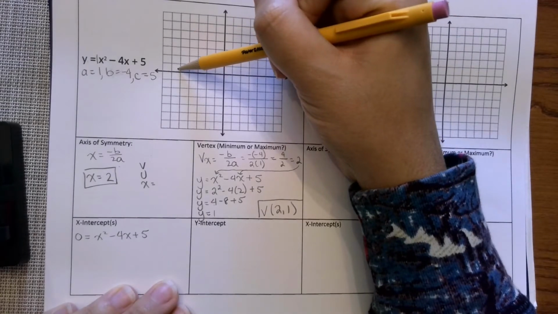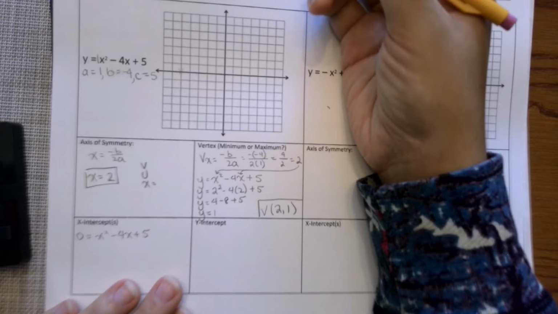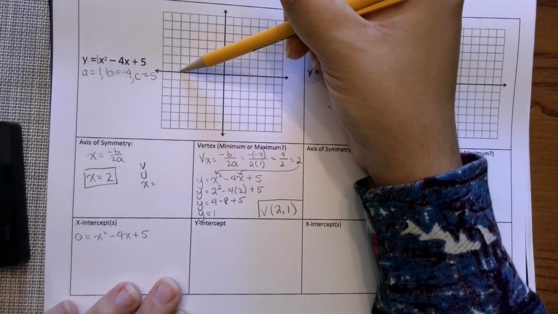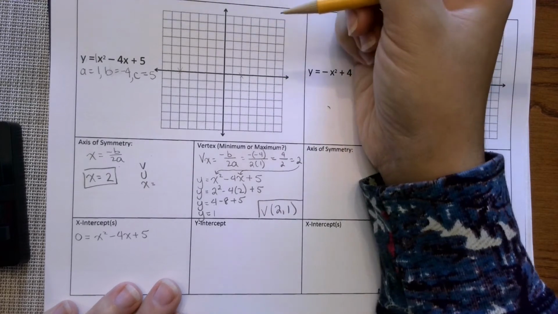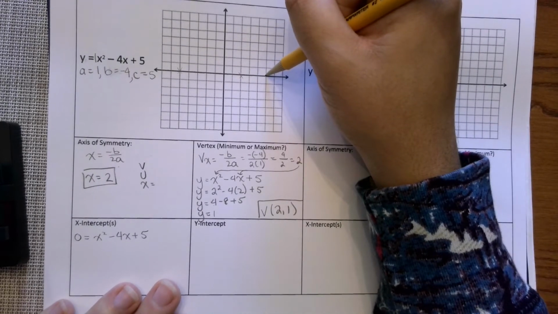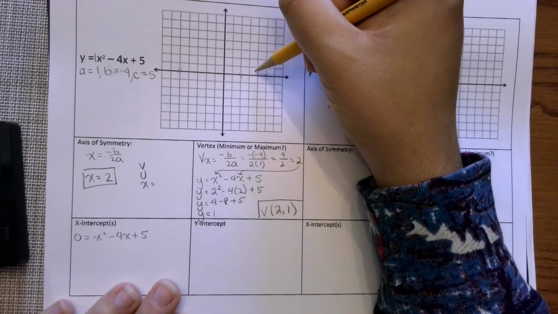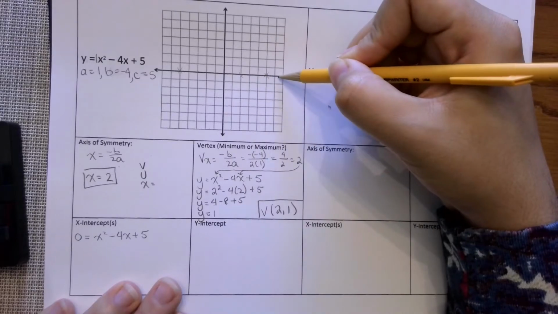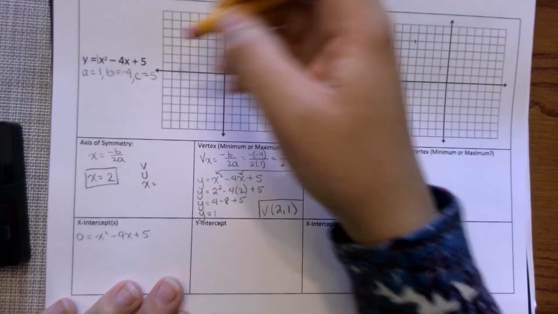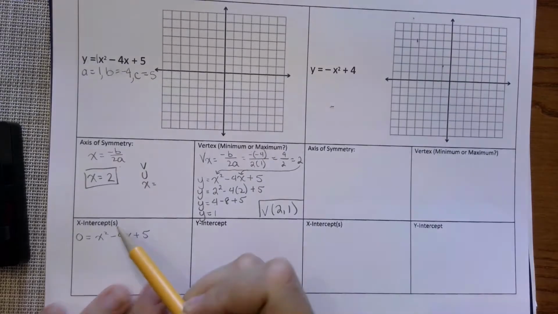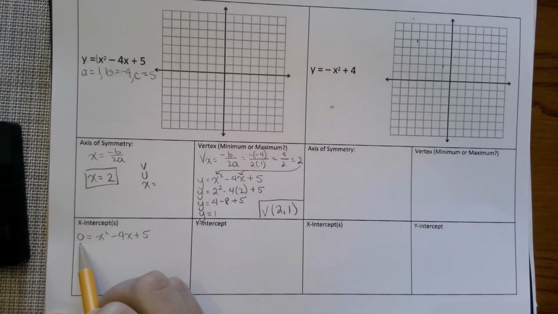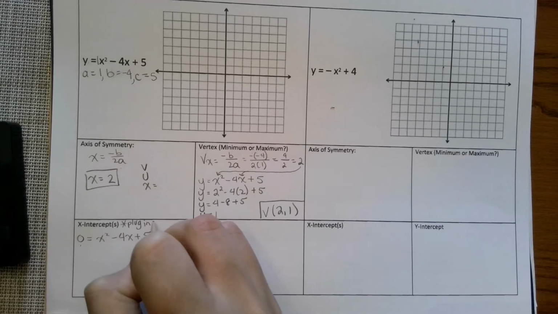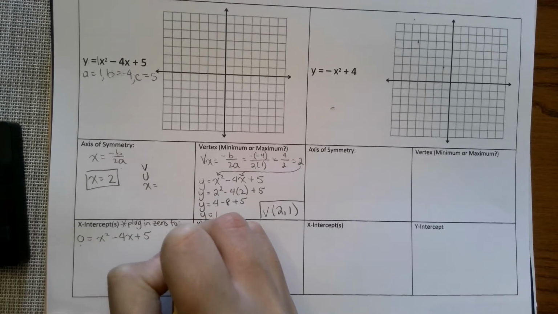For example, hypothetically, this point would be (-5, 0). If I was looking at this point, that point would be (2, 0). If I was looking at this point, that point would be (5, 0). So anywhere on the x-axis, the y value is going to equal 0. That is why when we're trying to find x-intercepts, we plug in 0 for y. And I'll even write that here. Plug in 0 for y.